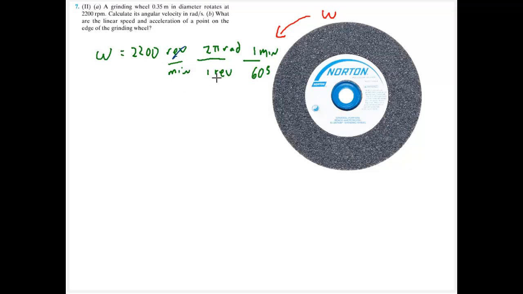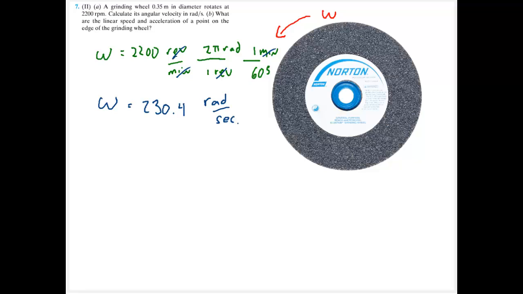So my revolutions are going to cancel out, my minutes are going to cancel out, and I'm going to end up with my angular velocity to be 230.4, and the units are going to be radians per second.